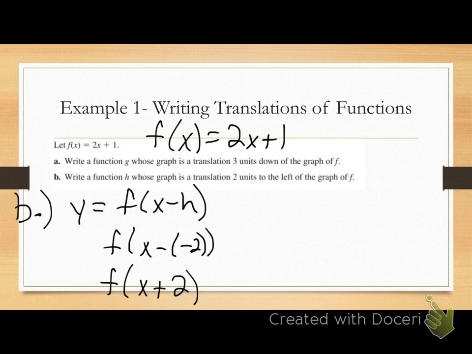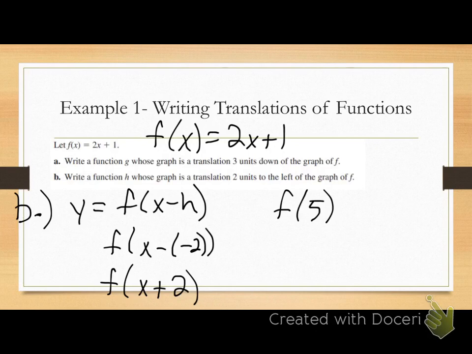Now let's think back to Algebra 1 real quick. Let's say I was given the function f of x equals 2x plus 1, and I wanted you to find f of 5. How would you find f of 5 if you were given that function? What did I replace x with here? 5.